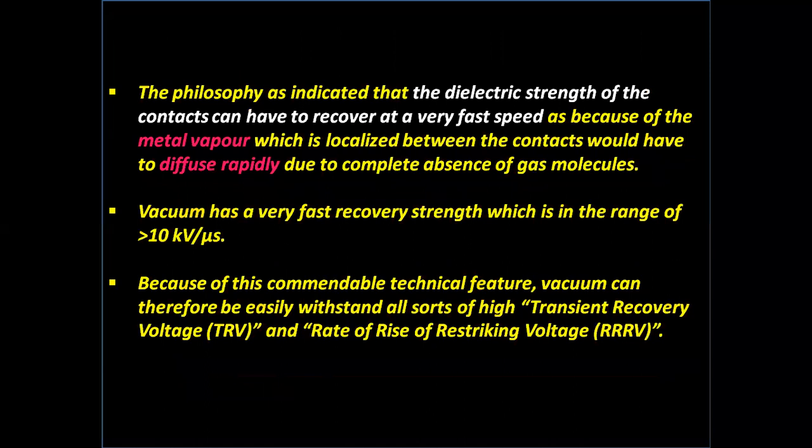The dielectric strength between the contacts recovers at a very fast speed, because the metal vapor localized between the contacts diffuses rapidly, due to the complete absence of gas molecules.